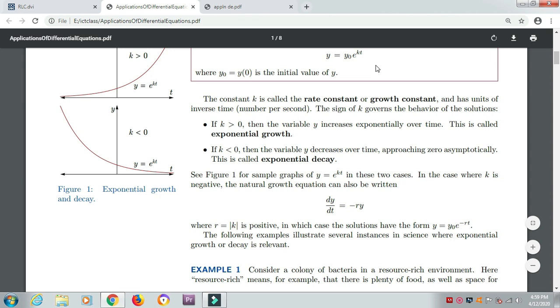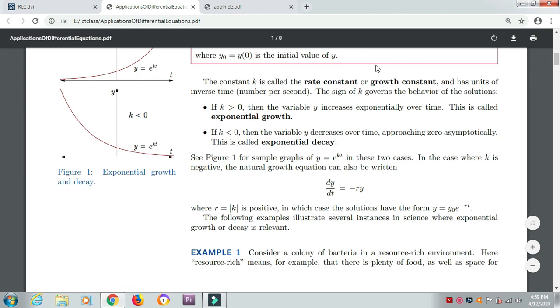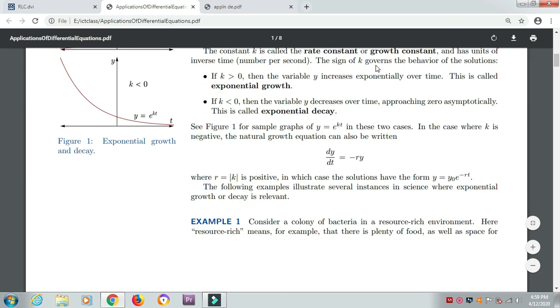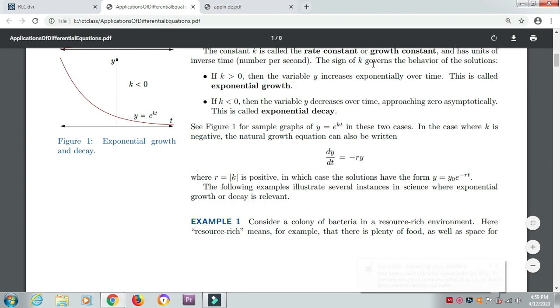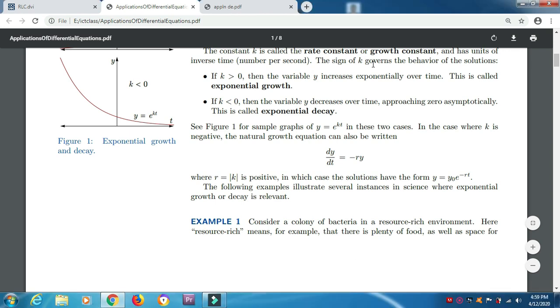One more case we have considered. Suppose in figure 1 we have y equal to e power kt. In the case where k is a negative number, the natural growth equation can also be written as dy by dt equal to minus r into y. But what is the natural growth equation? dy by dt equal to ky.